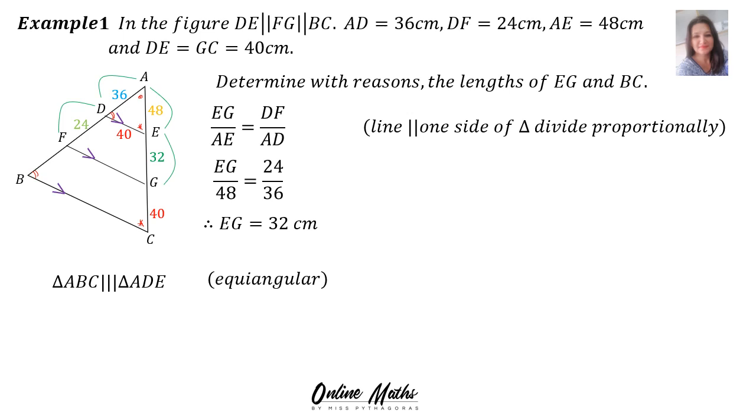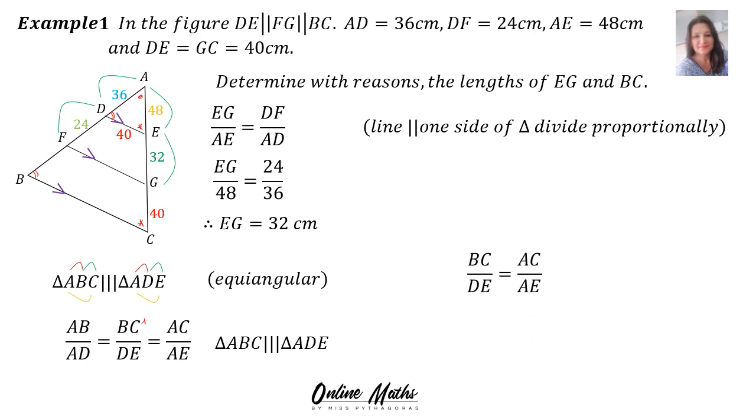They are equiangular. Then we can say, since they are similar, that AB over AD, the ratio, is equal to BC over DE is equal to AC over AE. And the reason why we can say that is because the two triangles are similar. Then we want BC. Therefore, we will use those two ratios.